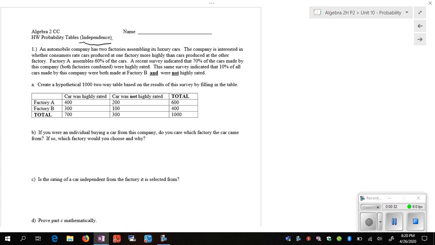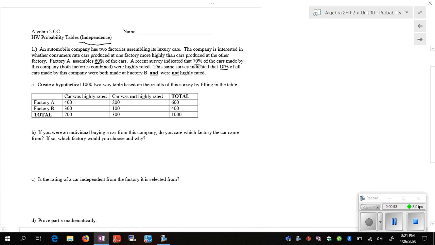So the first part says create a hypothetical 1,000 two-way table. That's already actually been filled in for you based on these percentages at the top, where we have 60%, so 600 out of 1,000, 70%, so 700 out of 1,000, and 10%, which would be 100 out of 1,000.